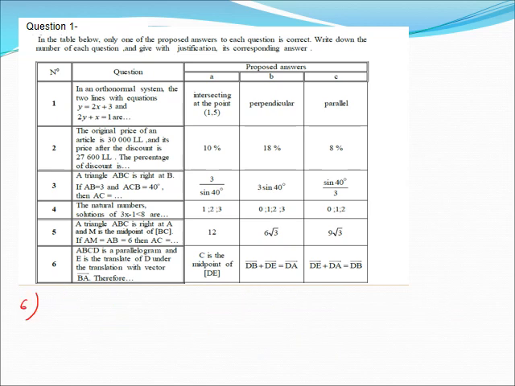Number 6. ABCD is a parallelogram. E is the translate of D by translation vector BA. E is the translate of D, so vector DE is equal to vector BA.